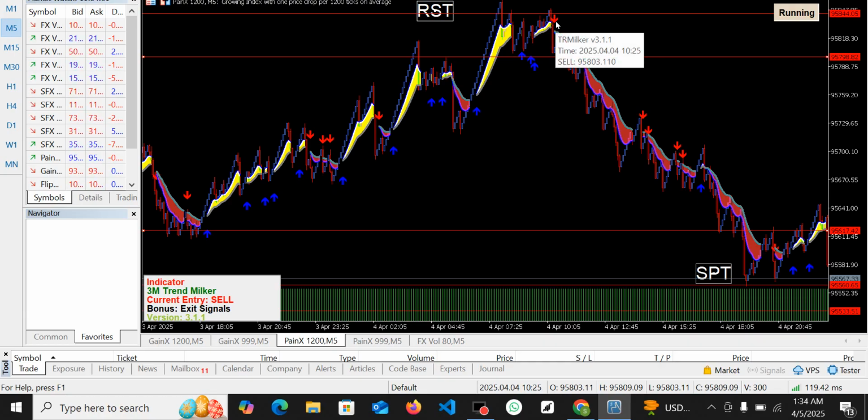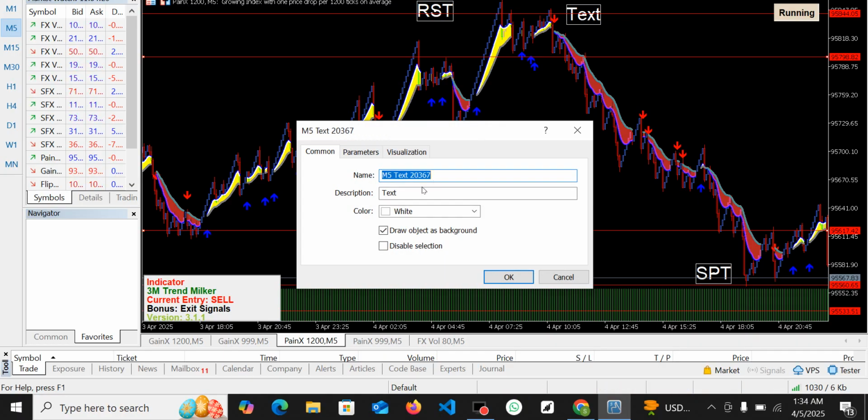But just to give ourselves a little bit of assurance, that is why we are coming in at this point. If we are coming in at this point, remember our resistance zone will remain the stop loss. So we should put our stop loss somewhere here. Okay, so let's do that. The stop loss will be somewhere here.